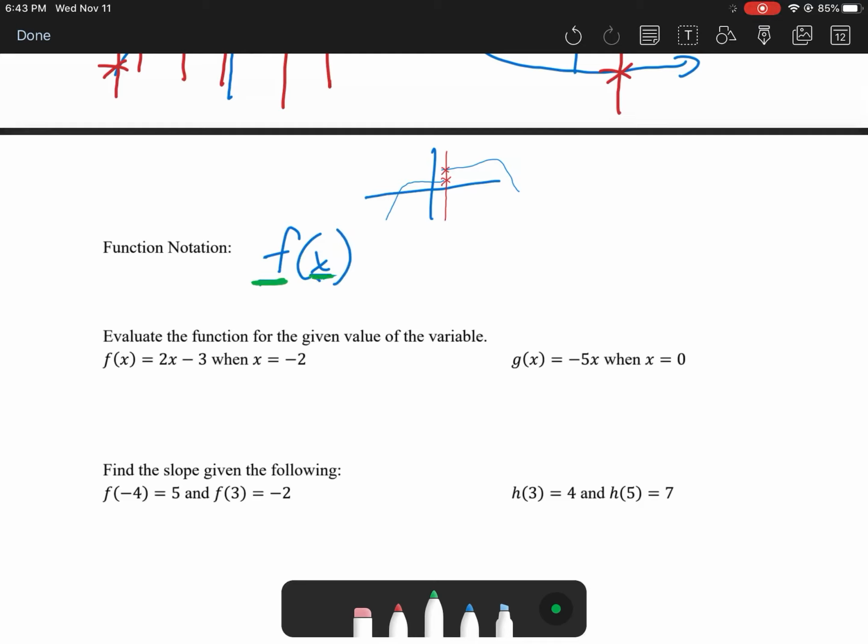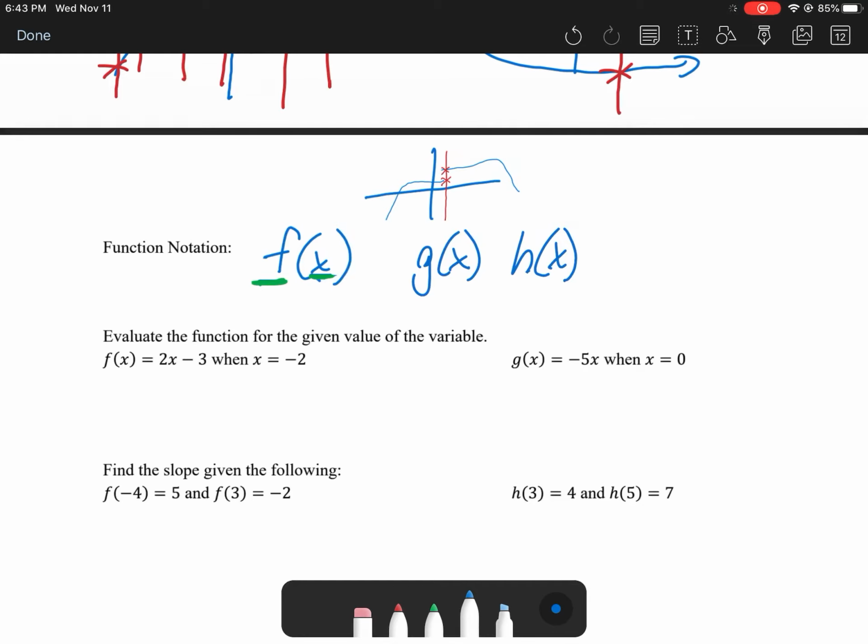So my output value is f of x. My input is x. You can switch out your function name. Popular ones are g of x, h of x, any letter of the alphabet really.